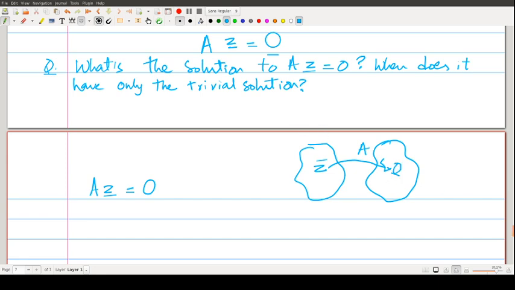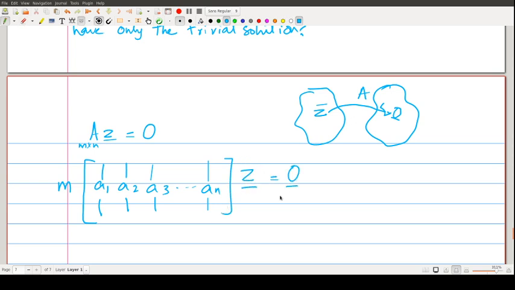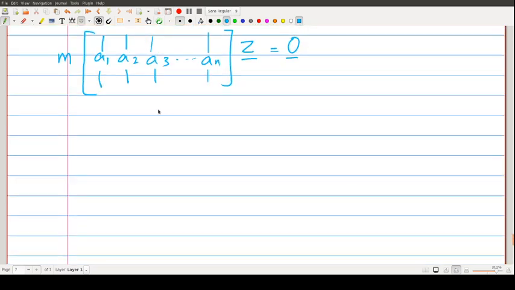So in other words, let's expand this. A was m by n, with m rows and n columns. So it has first column A1, second column A2, third column A3, dot dot dot An, times z, which has to be the 0 vector. Now let z equal z1, z2, z3, dot dot dot zn.